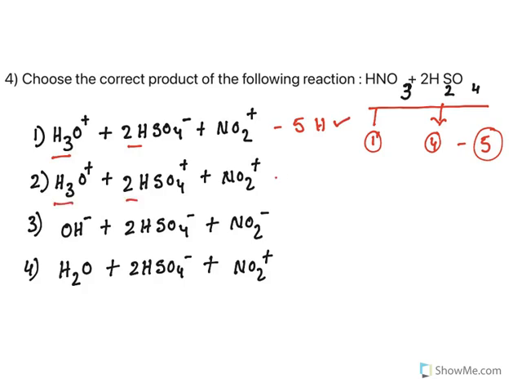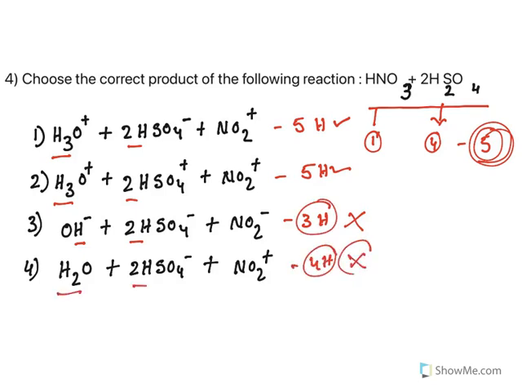Here 3, here 2, this one also balances, may be true. Here 1 hydrogen, 2 hydrogens, totally 3 hydrogens. No, we need 5 hydrogens, so this one is wrong. 2 and 2, 4 hydrogens, so this one is also wrong. Without knowing anything, just look at this and balance it. You will see these two are ruled out. Now you are left with only these two.